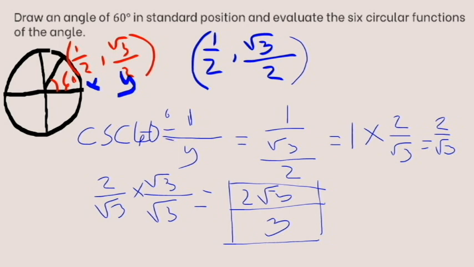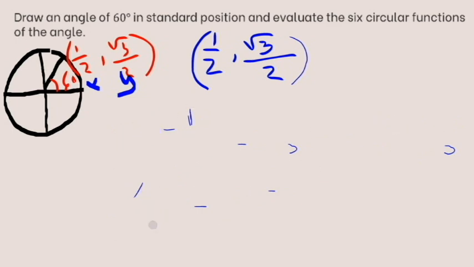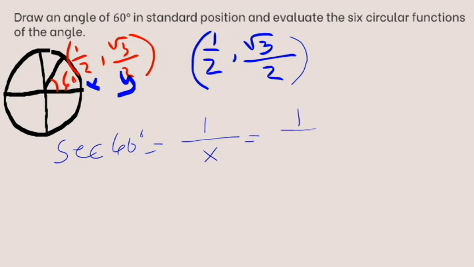Next is for secant. Wait, let me erase first. For secant, since it is the reciprocal of the cosine, and our cosine is x, our x value is 1/2.